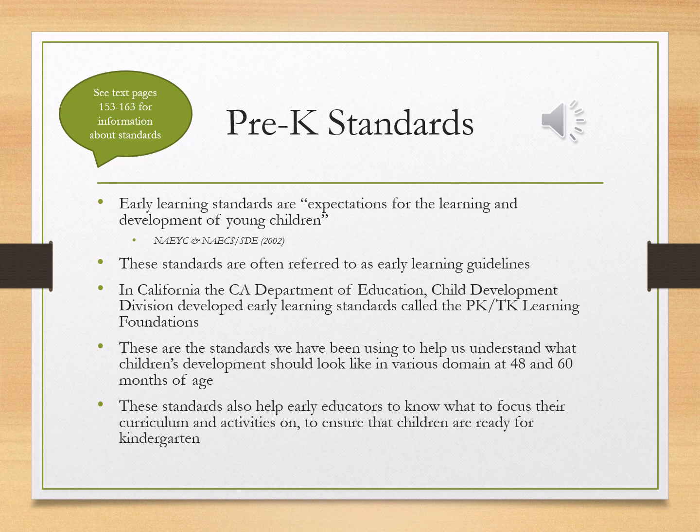And good standards are based on children's developmental milestones. So you can see that I've been in this class using milestones synonymously with those foundations, which in the state of California are the early learning guidelines or the standards.